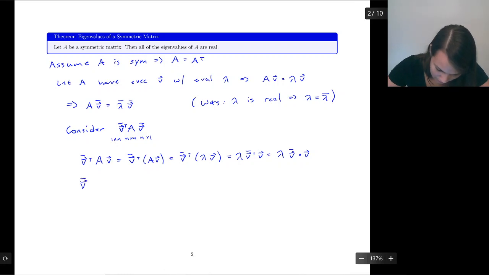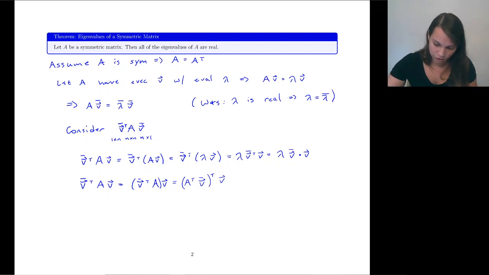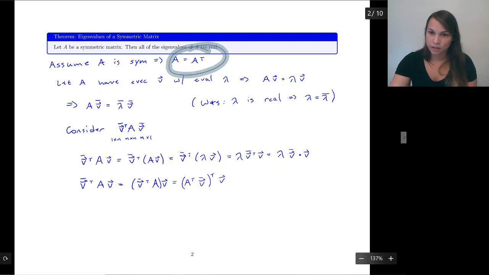But there's another way to go around simplifying this. Suppose I had grouped up A with that v transpose. So it looked like this instead. Oh, there we go. I'm going to pull the transpose out, which makes it look like this. And now I have an A transpose. I'm going to bring in the fact that it's symmetric.